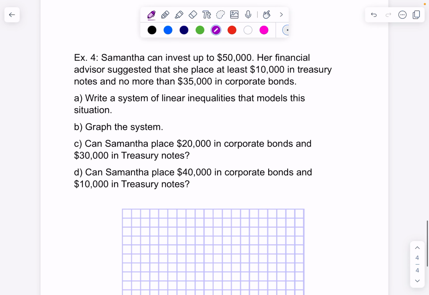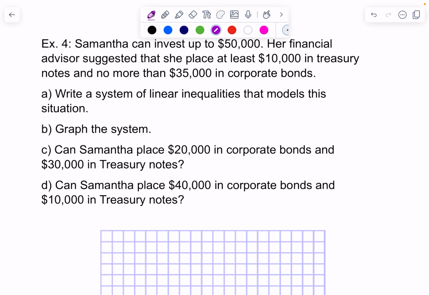Samantha can invest up to $50,000. Her financial advisor suggested that she place at least $10,000 in treasury notes and no more than $35,000 in corporate bonds. Write a system of linear inequalities that models this situation. Well, let's go ahead and first label.